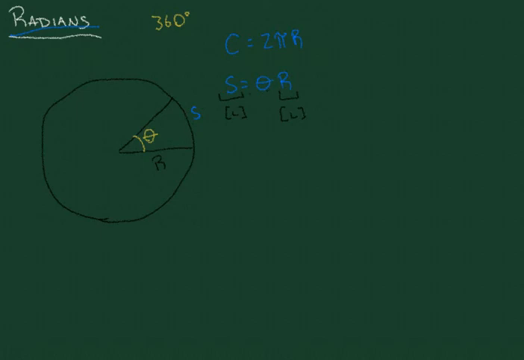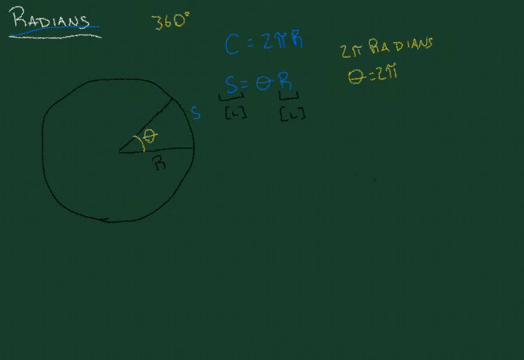And if we do that, we notice that, in the case of circumference, it's telling us that in a complete circle, there are 2 pi radians, right? Because theta is equal to 2 pi gives us the circumference of a circle.